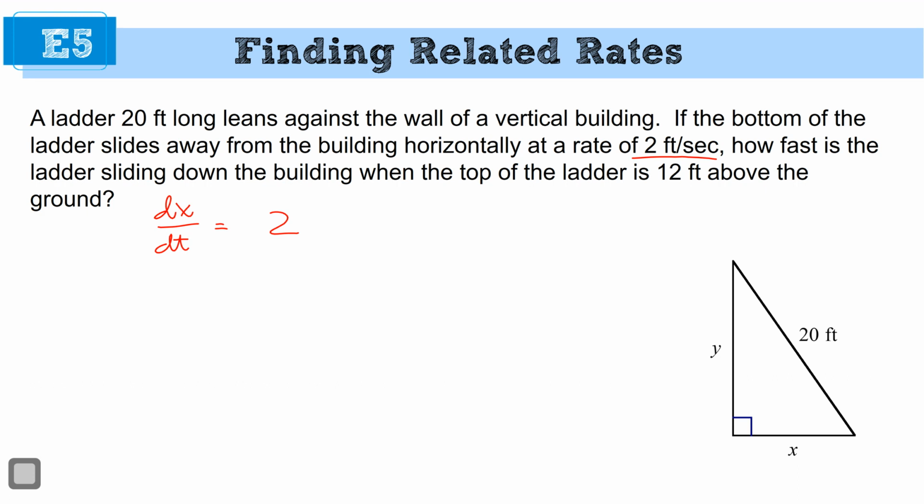Bigger, so therefore it should be positive. What are we looking for? How fast is the ladder sliding down the building? That is dy/dt. dy/dt equals question mark when y equals 12.